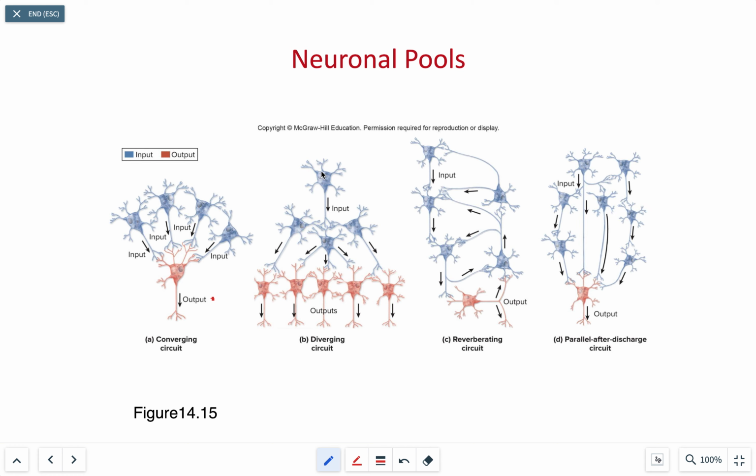So we see information from one presynaptic neuron is going to then multiply into multiple outputs on the postsynaptic neurons. We see this in walking.